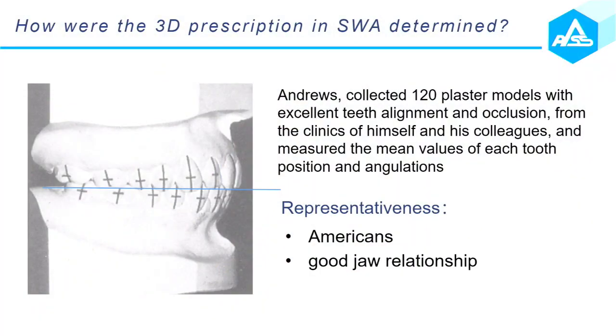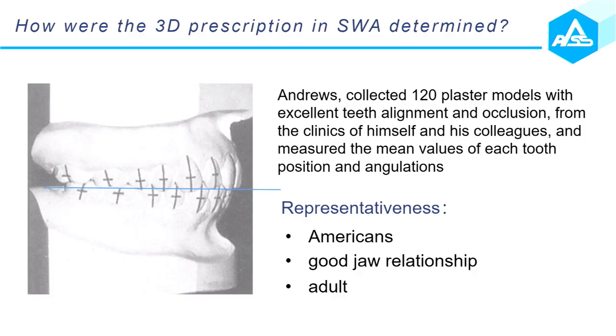That implies good jaw relationship. We cannot imagine that if it's a skeletal class 3, we can get ideal or optimal occlusion, right? Or skeletal class 2, we cannot get optimal occlusion for skeletal jaw abnormal cases, right?